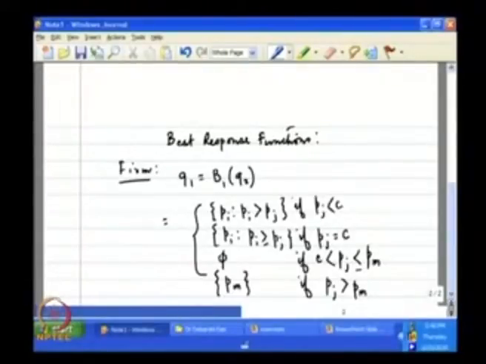So, this is the best response function of firm i as a function of, it is the price that they are determining.